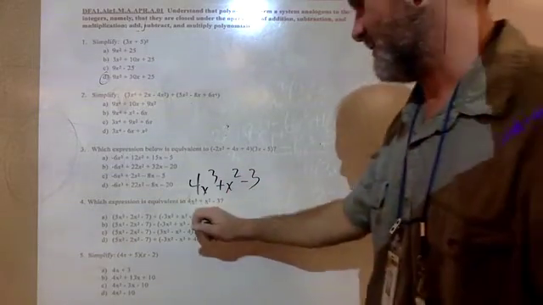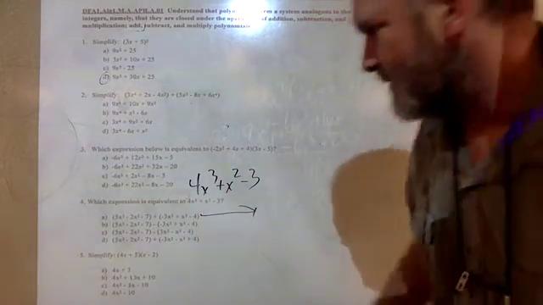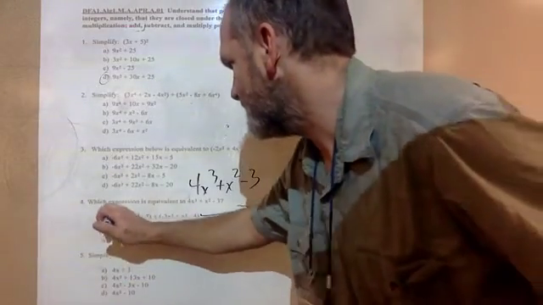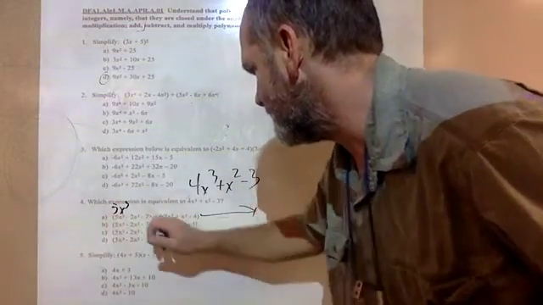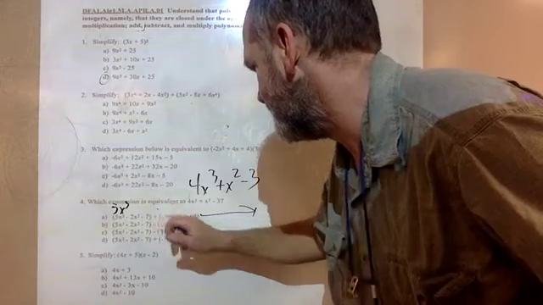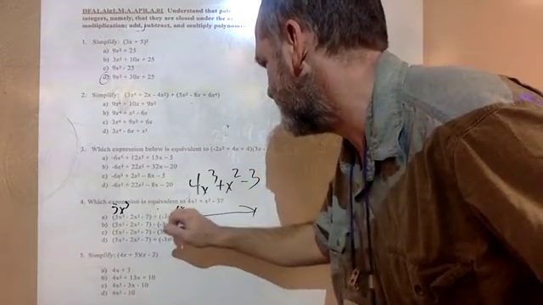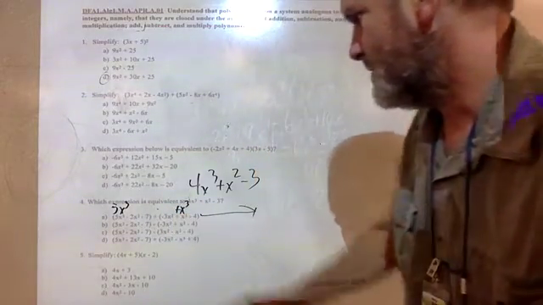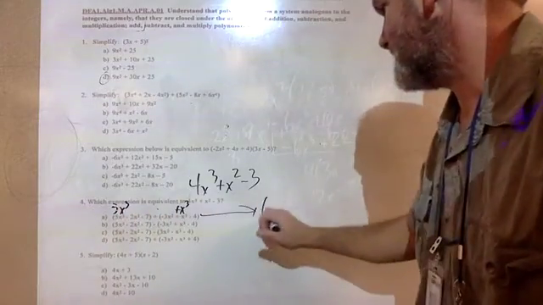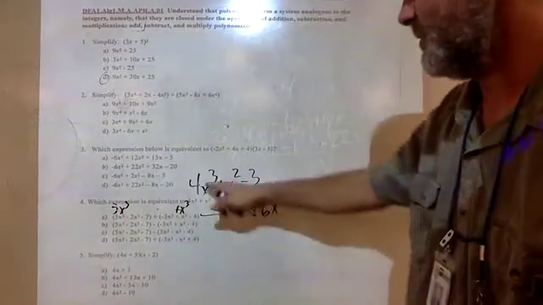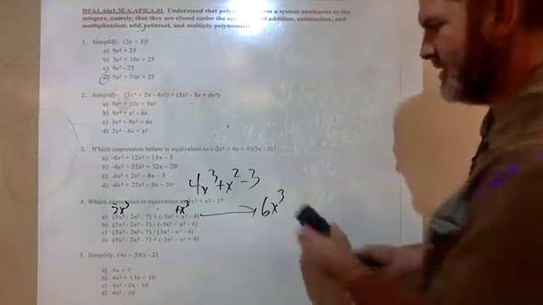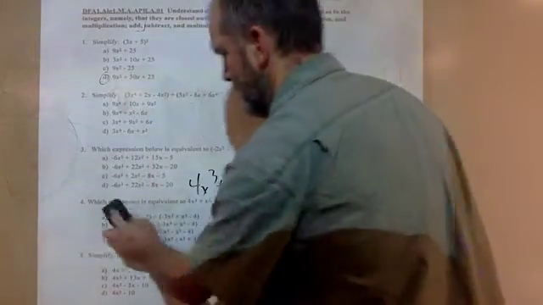So let's just check the first one. The first one had a 5x to the third plus x to the third. So the 5 and 1 makes 6x to the third, so that can't be right because we need 4x to the third. So right off the bat, we know A is wrong.